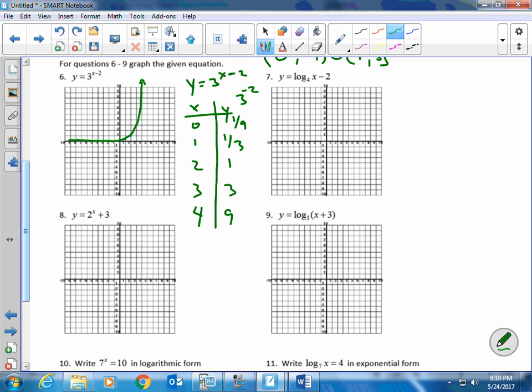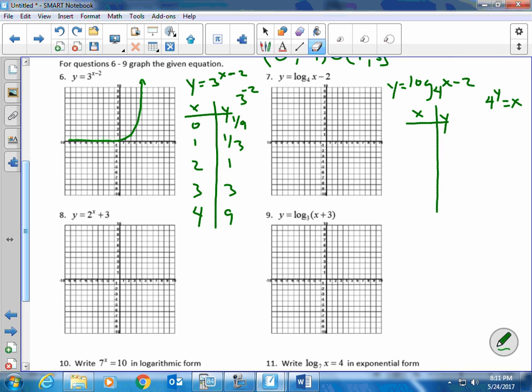Logarithm. Remember what our logarithm looks like. My first step, make a table. What am I going to make a table of? I'm going to ignore that minus 2 for a second. And I'm going to look at just 4 to the y equals x.